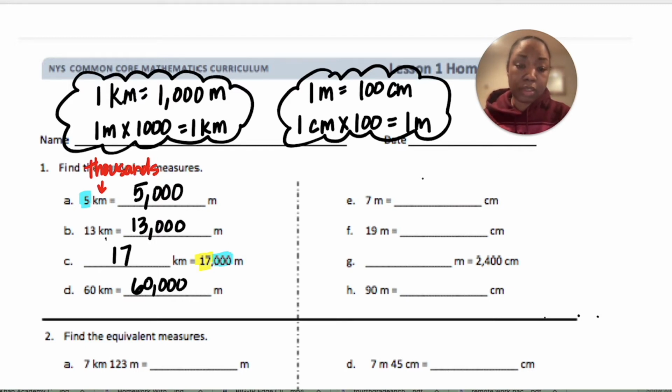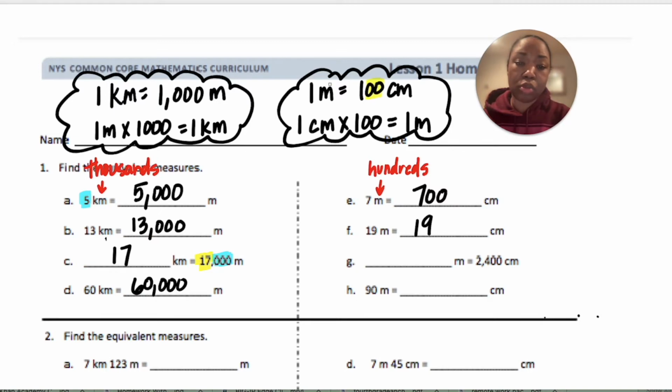So this would be 7 meters is 700 centimeters. 19 meters, because really I'm just replacing this meters with 100. So this is 19 hundredths. And notice that in 100, it's 2 zeros.